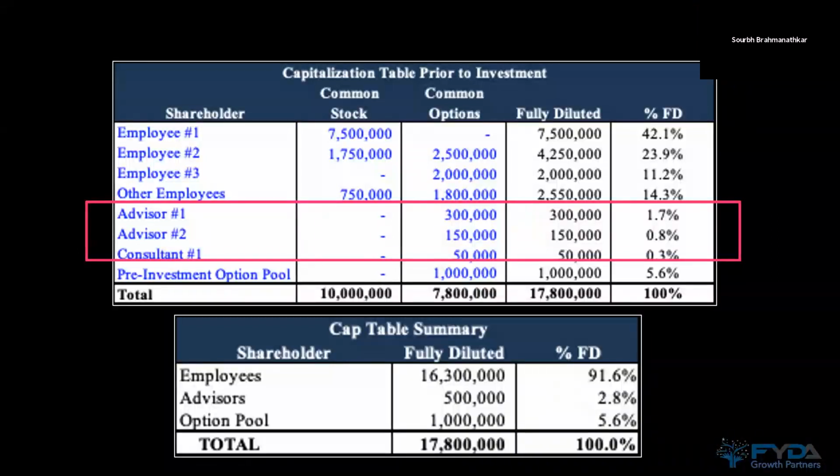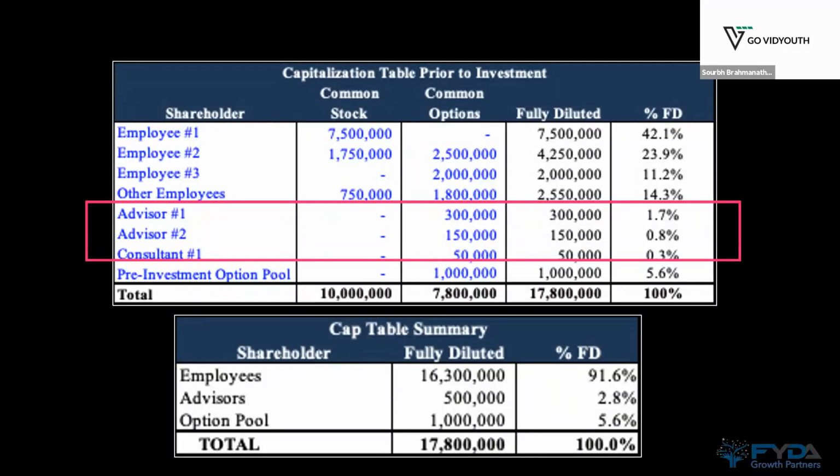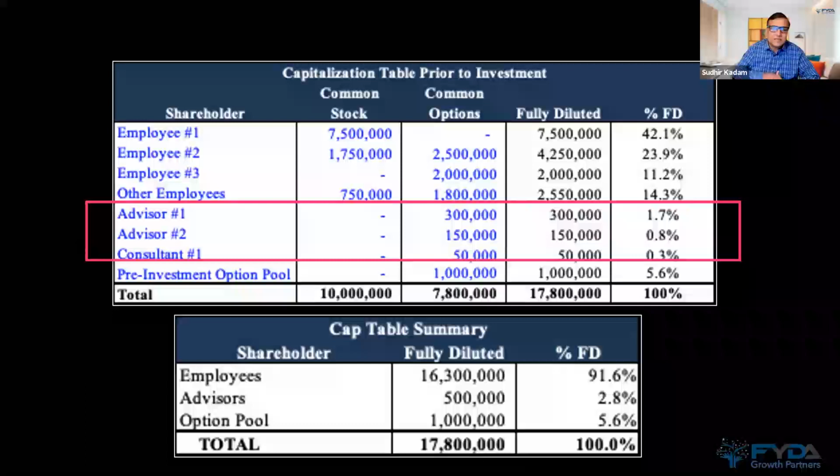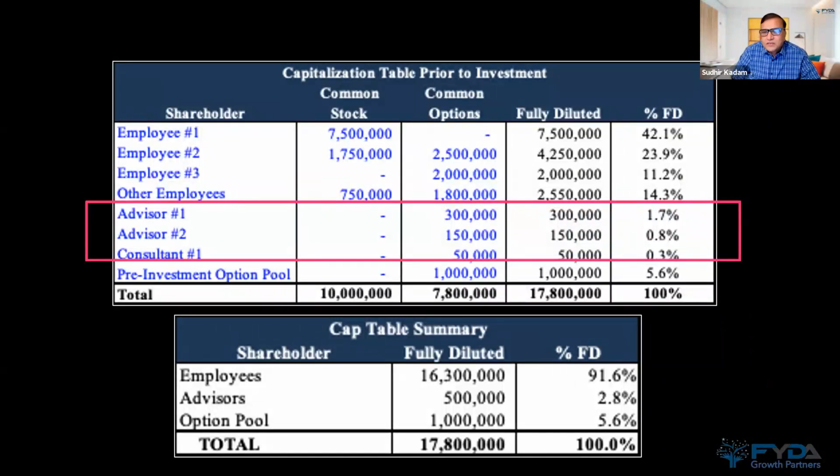You'll often hear that CEOs are being hired by large companies and given 1.5% equity, and a nice golden parachute and all that. Now, if an advisor comes to you and wants more than that, and you say, no, I will give you 1.5% because that's the industry standard, it does not work out that way.